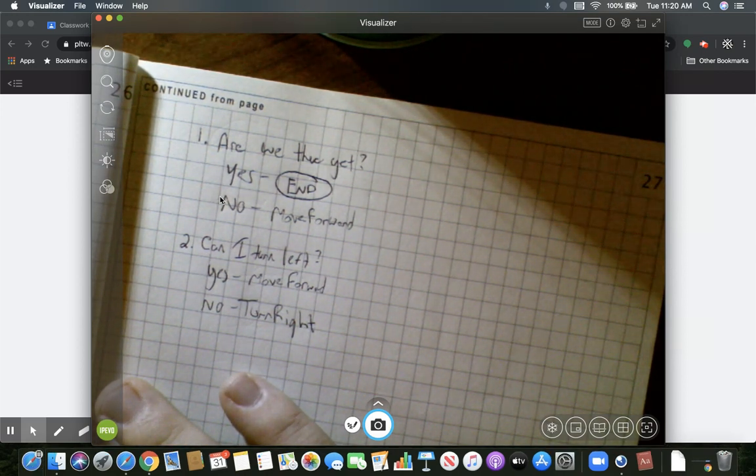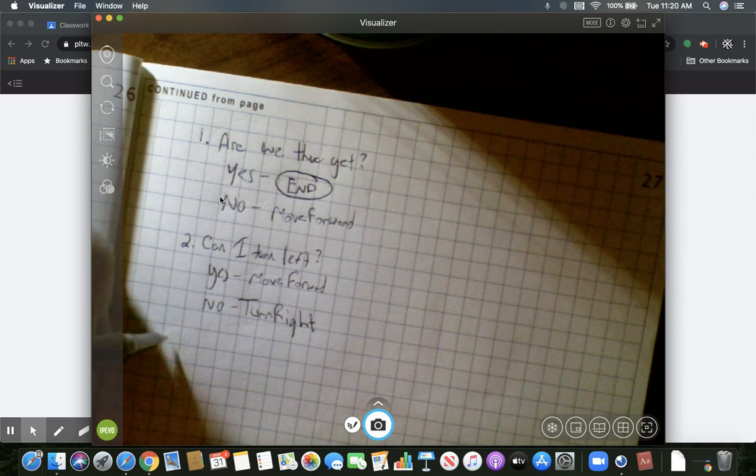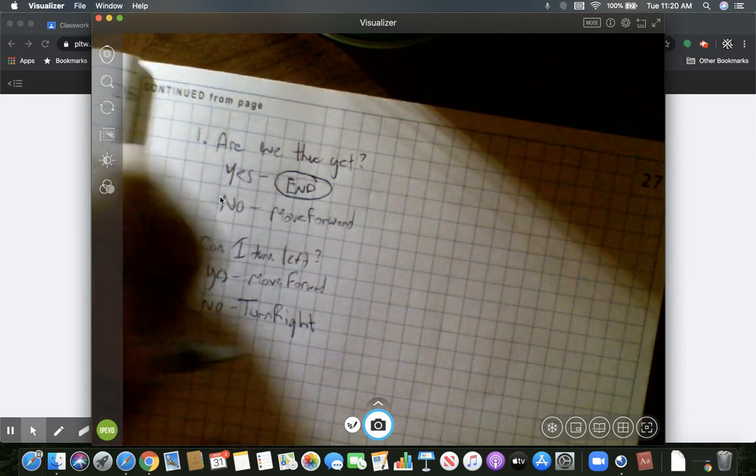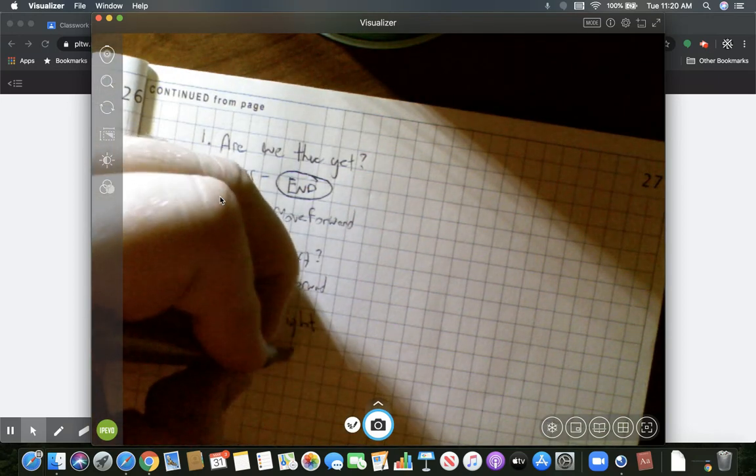So what I'm going to do now is I'm going to do the next one, which is actually pretty similar to the question I just asked. My other question that's very similar to that would be, can I turn right?